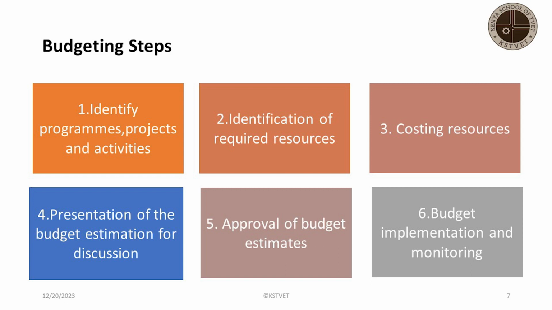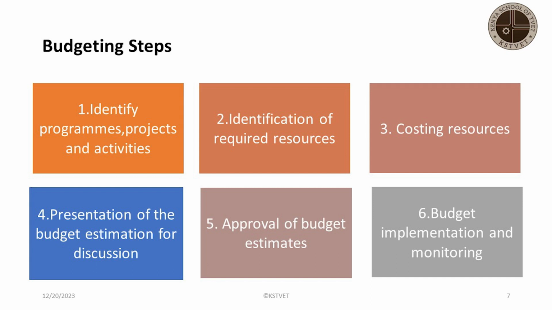Step 3. Costing the resources. Here, a detailed list of expenditures drawn in consultation with head of departments and school management committees of the budget. Step 4. Presentation of the budget estimation for discussion as per the budgetary guidelines by the Ministry of Education.